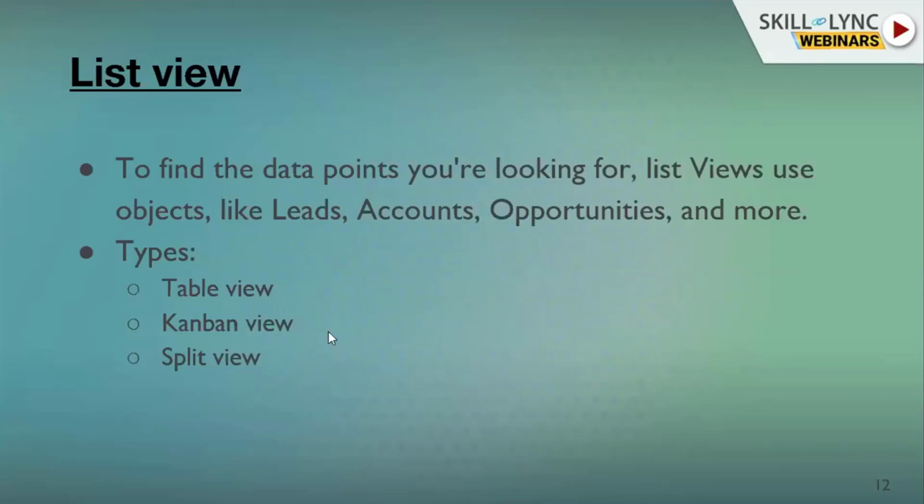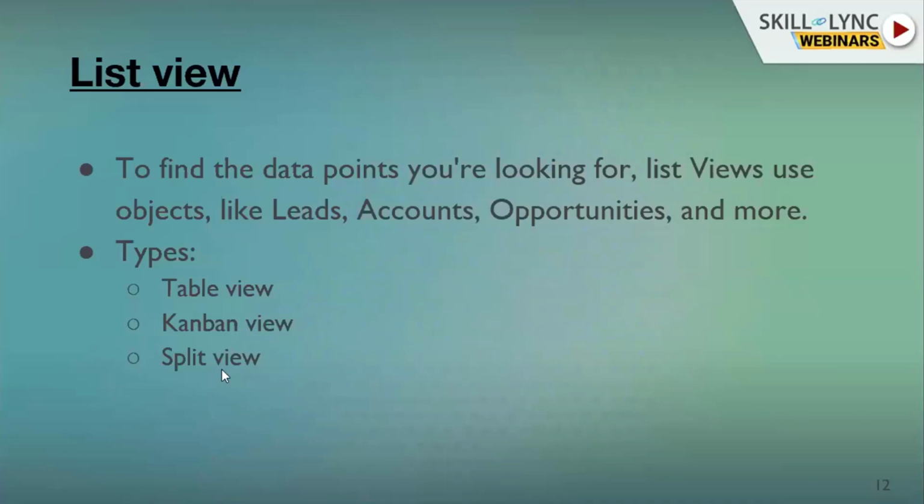Based on those categories, you can differentiate in the Kanban view, and you can see the opportunities in closed won, the opportunities in negotiation, and the opportunities you lost. Now coming to the third one, that is split view.